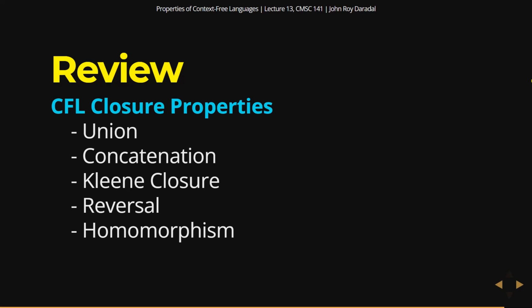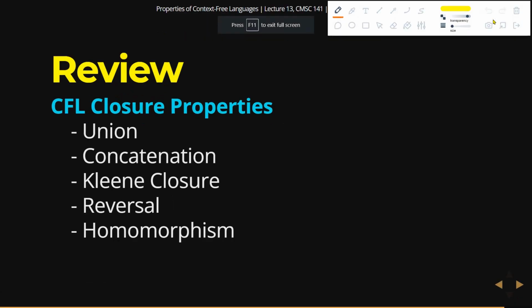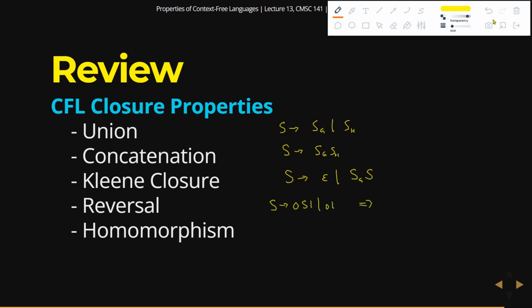For union, you just had S → S_G or S_H. For concatenation, you had S_G S_H. And for Kleene closure, it was like epsilon or S S_G, something like that. For reversal, we just reverse everything. So if it was 0 S 1, this becomes 1 S 0, something like that.